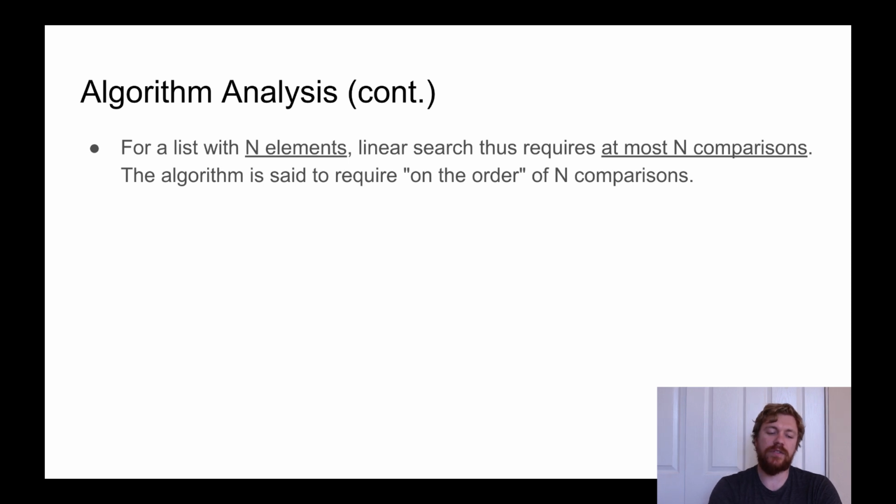And so we start to look not at more specific numbers but at more generalizing things. We want to look at, for a list with n elements, linear search thus requires at most n comparisons. So n being just some number of elements. We don't know how large n is, but it's just some number. And the algorithm is said to require on the order of n comparisons.